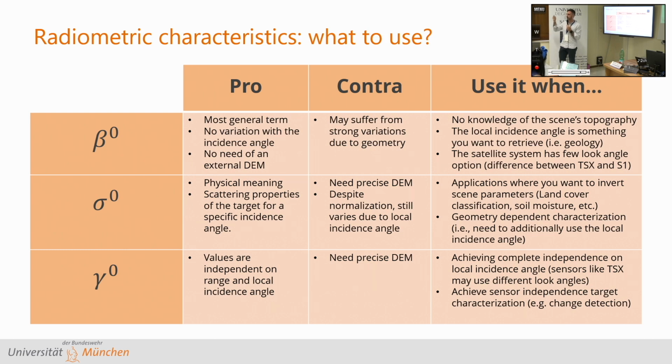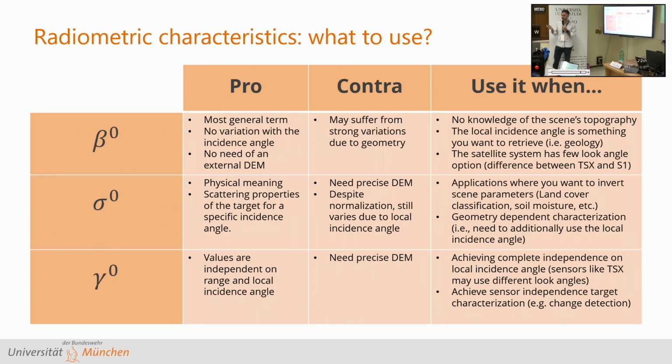And this comes on top of the digital elevation model. So if you are changing sensors, then you might need to always take into consideration one parameter or the other. Otherwise, we said the sigma has a physical meaning, the nicest parameter if you want to invert scene parameters.